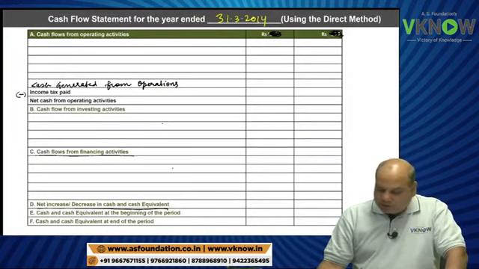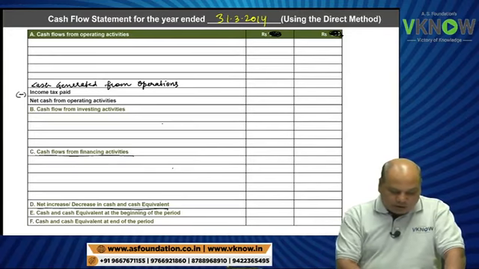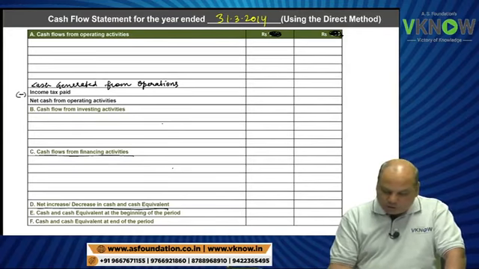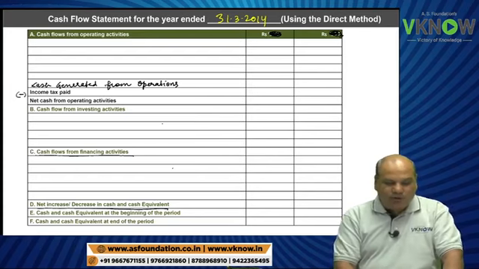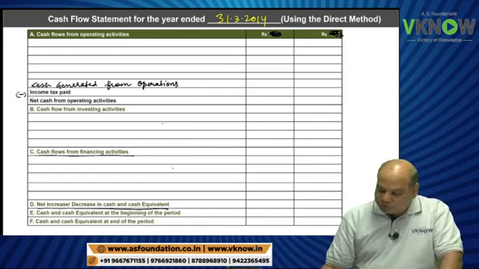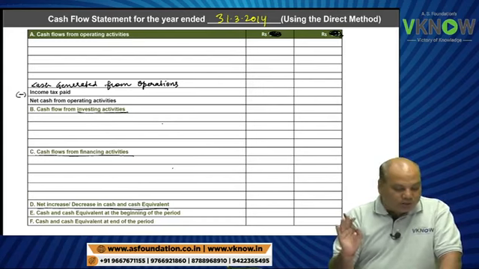First line is asset. Asset. Land and building. Opening balance is 1 lakh and closing balance is 1,50,000. So we will call it investing activity. On land and building, it appears there is no depreciation.